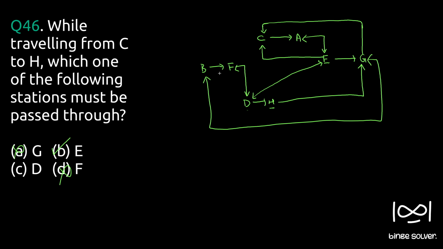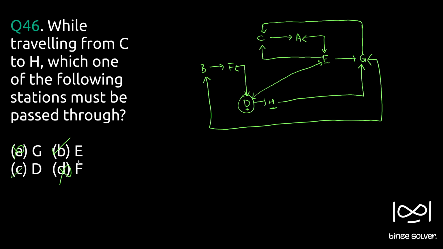If we choose that path, F will be crossed, but it is not a necessary condition. We have a different path, C, A, E, D, H. So these two are the paths we can choose, but in both paths, D is there. So if you want to reach H, you will have to go through D, since from D only there is one path that comes into H. So this is also a correct answer.